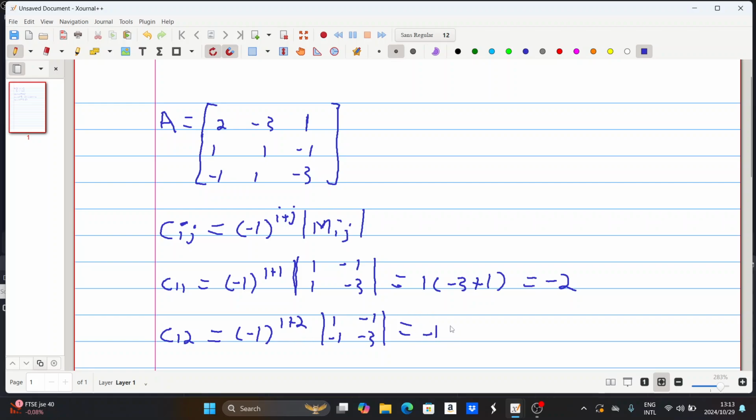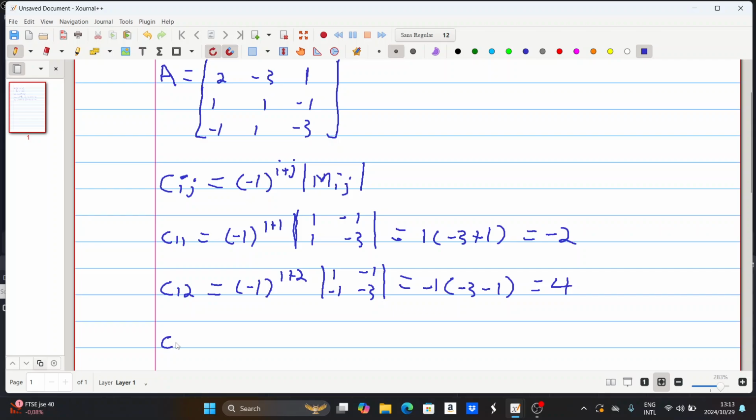Here we have -1 multiplied by -3 times 1, which gives us -3. -1 times -1 gives us +1. Then the minus is -1. -3 minus 1 gives us -4, times -1 is +4. Our second cofactor is +4.